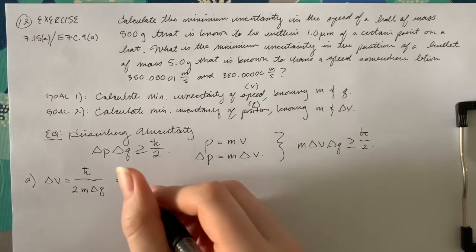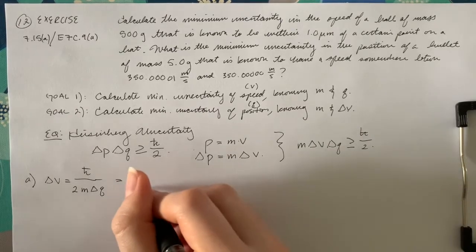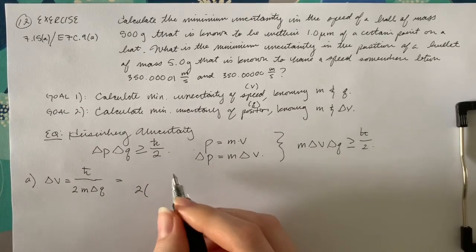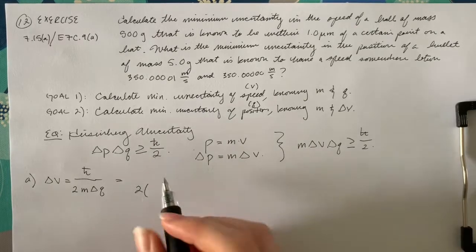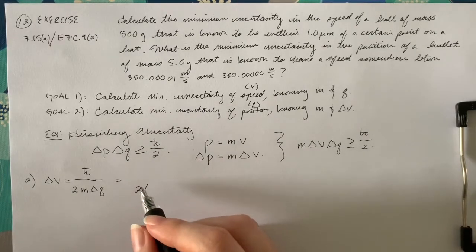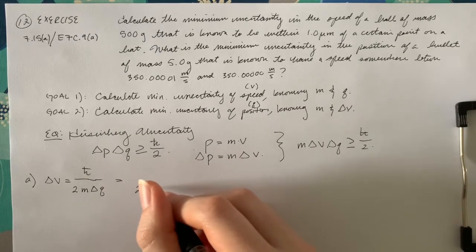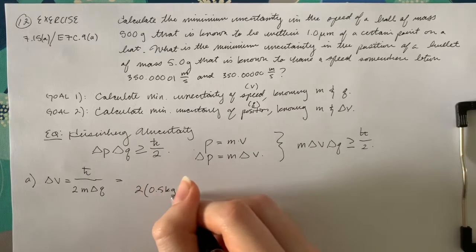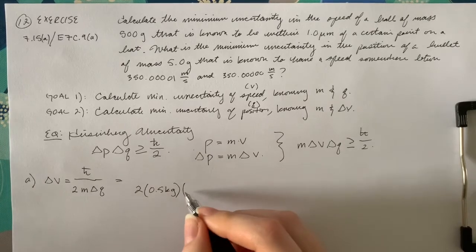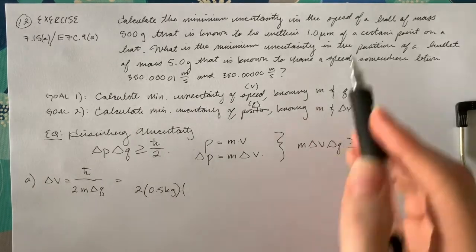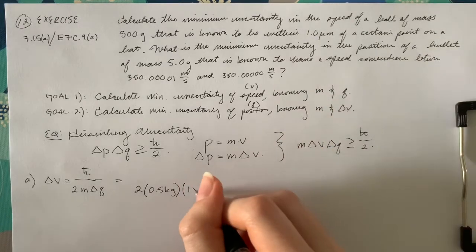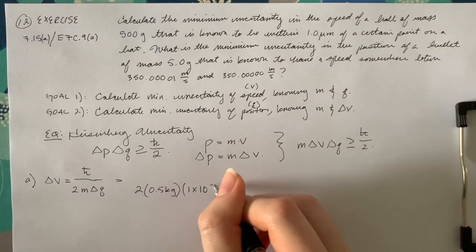I'm going to start with the denominator first because it's bigger. 2 times the mass, which we're going to put into kilograms. 500 grams is 0.5 kilograms. And the uncertainty in the position is 1 micron, but in meters it's 1 times 10 to the minus 6 meter.